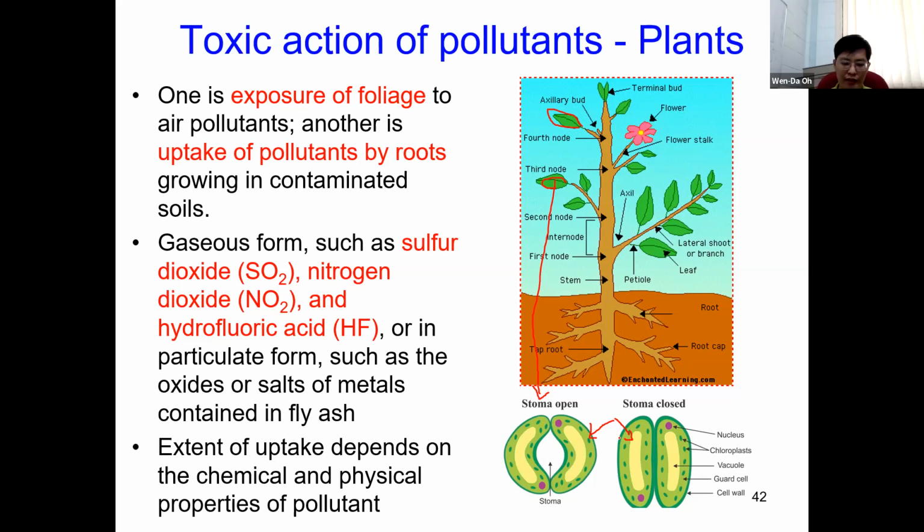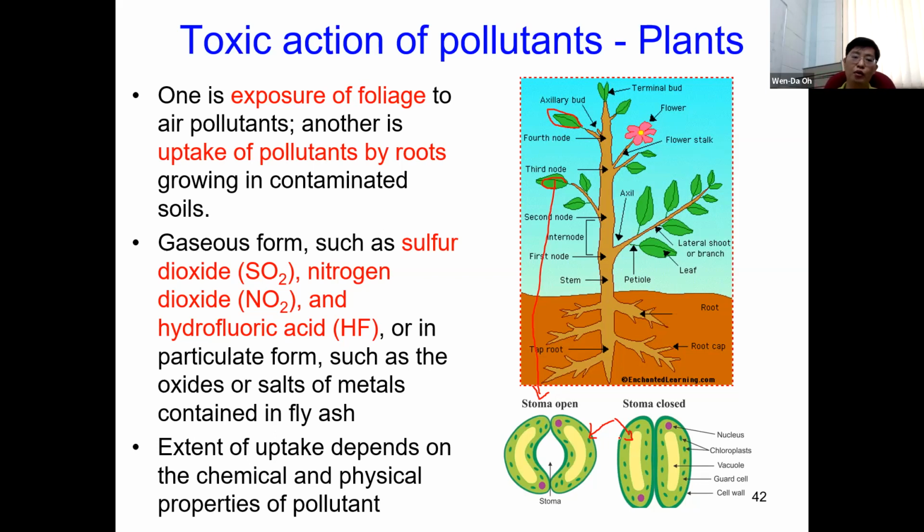It can regulate the ability of the plant to uptake certain gases, nutrient uptake, respiration of the plants, and even transpiration. But because there's this opening, sometimes pollutants can enter into the plant through the stoma opening. Through this passage, the leaf can suffer from the toxic effect of the toxicant.